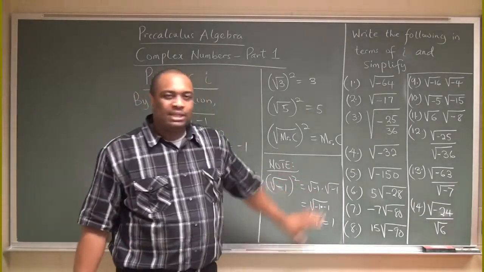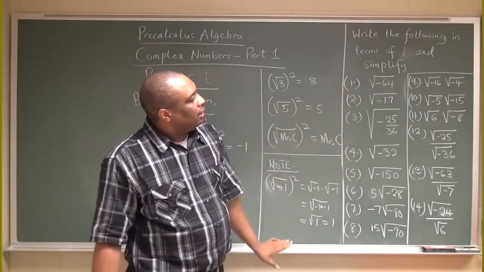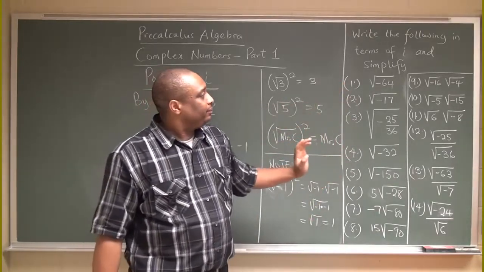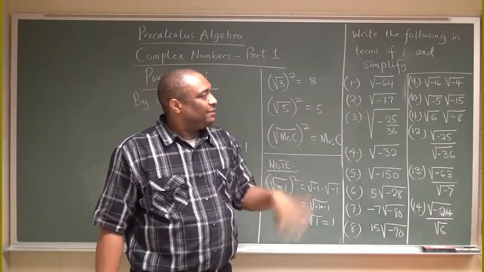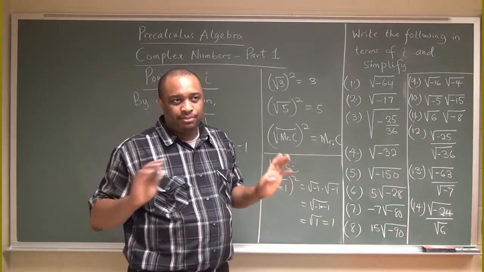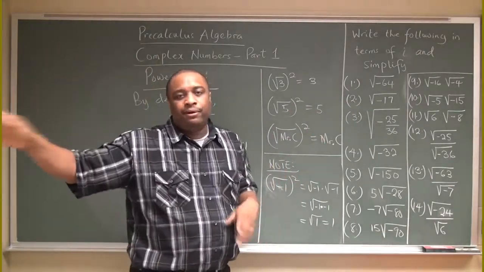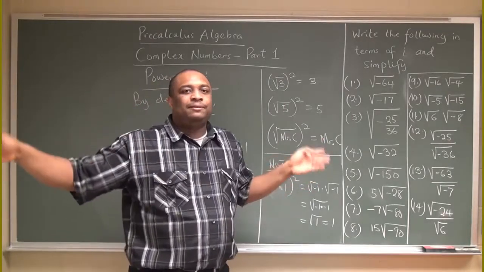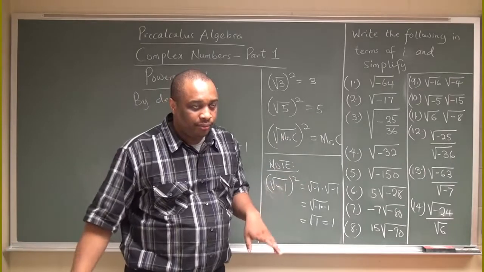Before any of these rules apply, because when we start solving this question, you will see what I'm talking about. Okay, like question 9, square root of negative 16 times square root of negative 4. Some students might write it square root of negative 16 times negative 4, and then square root of 64, which is 8. That is wrong.